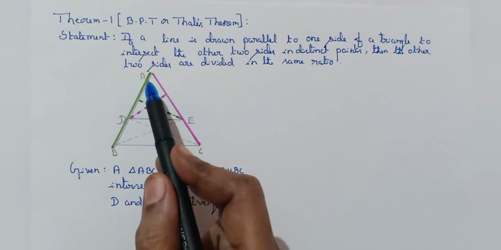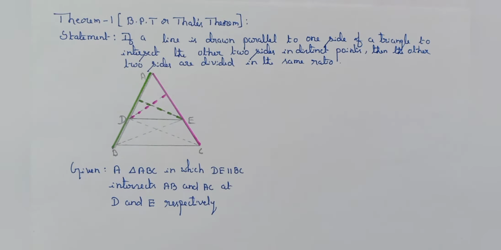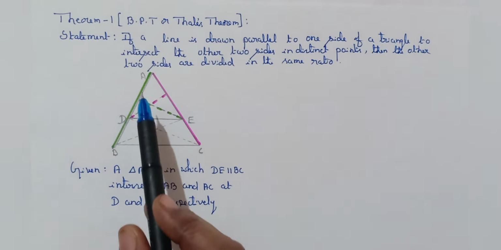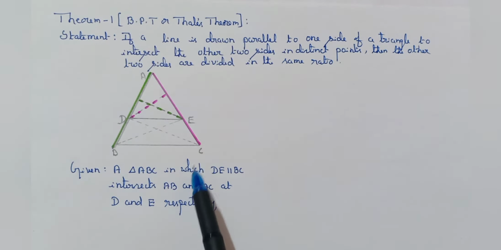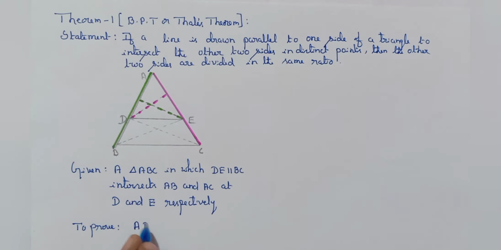It intersects AB at D and AC at E. We have to prove the line DE divides AB and AC in equal ratio. It means AD by DB is equal to AE by EC.